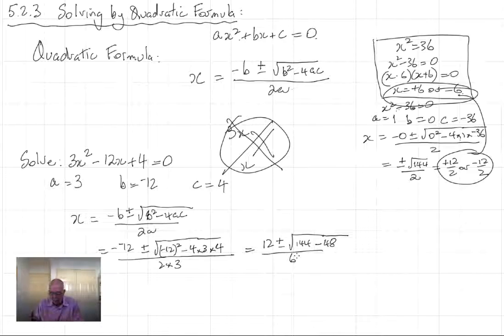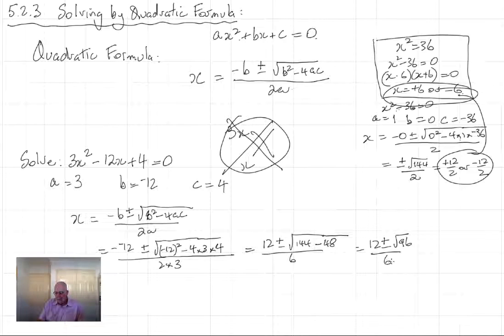We've got 12 plus or minus, now this is 144 minus 48, so square root of 96, all over 6. I think if you're asked to give your answer to 2 decimal places, you can work that out.